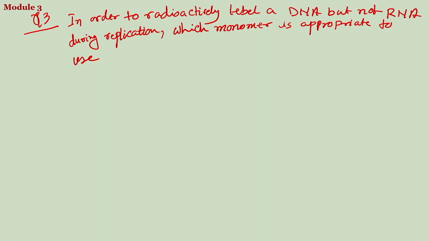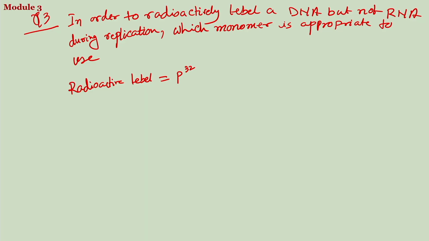So, radioactive label means we are using P32. So, you want to do it selectively for the DNA and not the RNA. I will give you the options. You have to pick the right kind of monomer that you will use in order to get the labeled DNA.